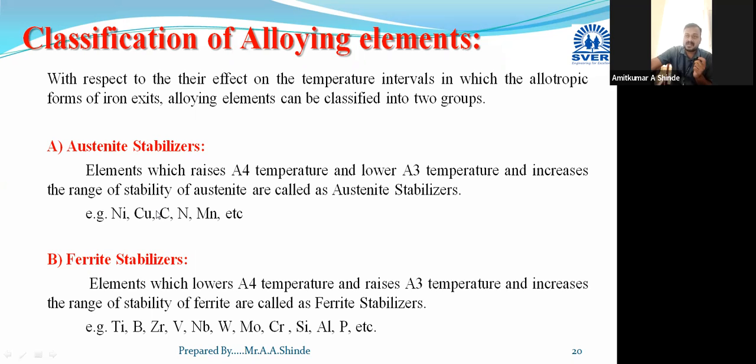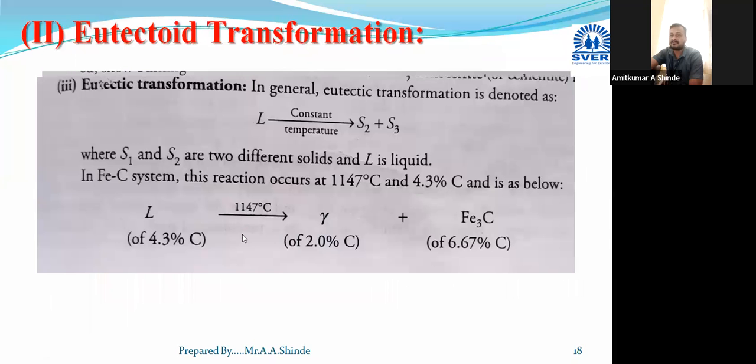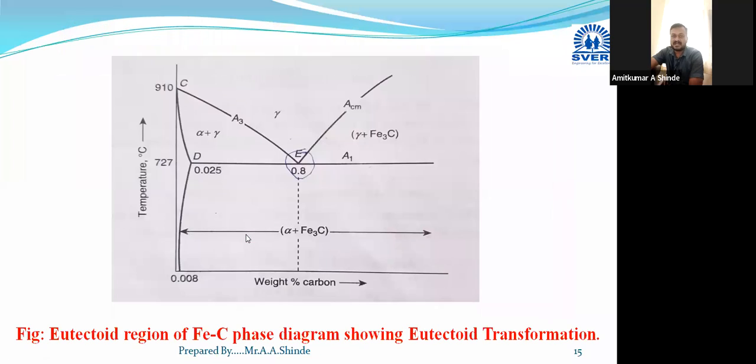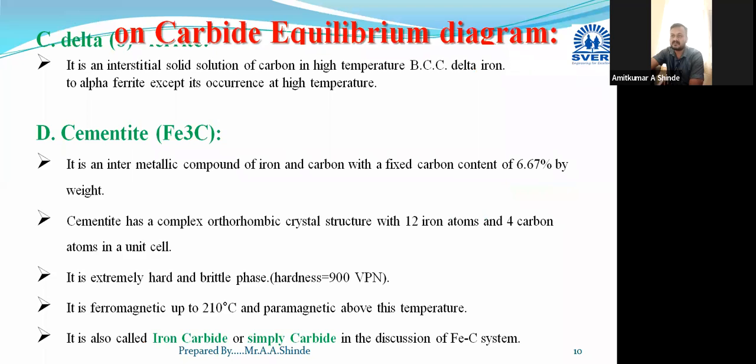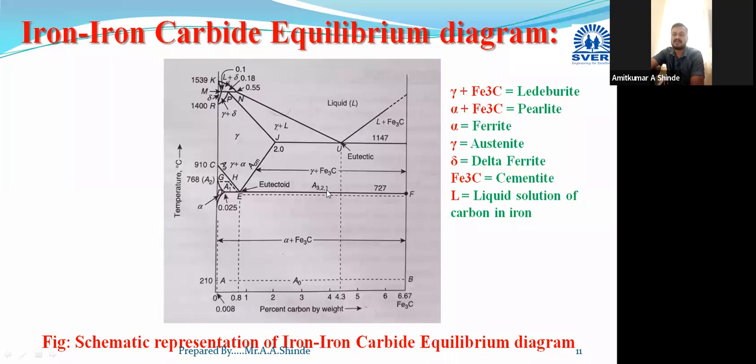Okay, now one by one I will explain it, and after that I will show you in the iron carbide equilibrium diagram. I will explain it with the help of the iron carbide equilibrium diagram. It will help you to understand in an easy way. Okay, this is your iron carbide equilibrium diagram.